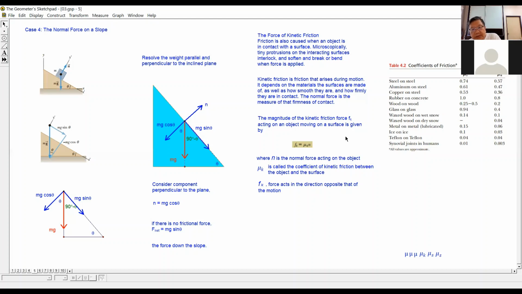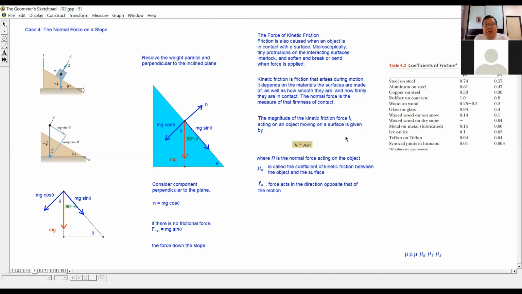So μ depends on the type of surface. Another factor that affects the friction is the normal force. The bigger the normal force, the bigger the grip the object has on the surface. If the normal reaction is small, then the grip on the surface is smaller.